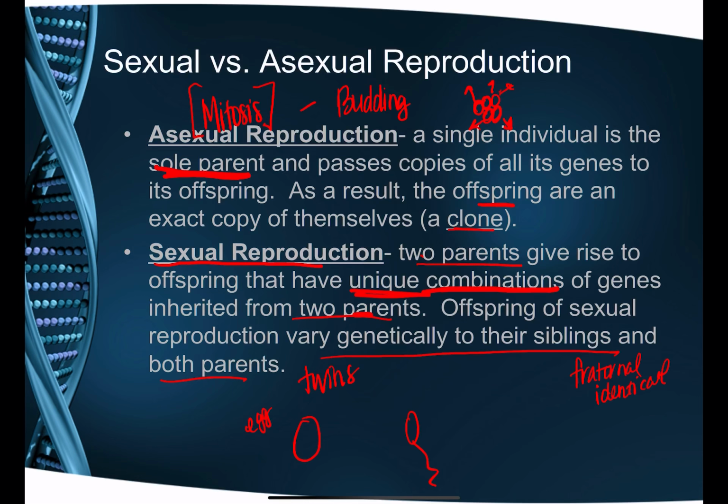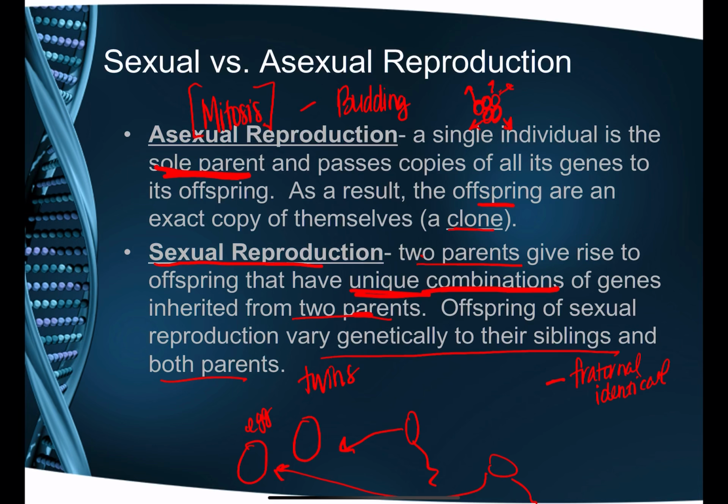Normally, mom will release one egg each month, sperm will fertilize the egg, and you get one baby. Now, in the case of fraternal twins, let's do that one first. Sometimes mom can release two eggs, and so you have two sperm that fertilize two eggs, and that would be an example of fraternal twins.